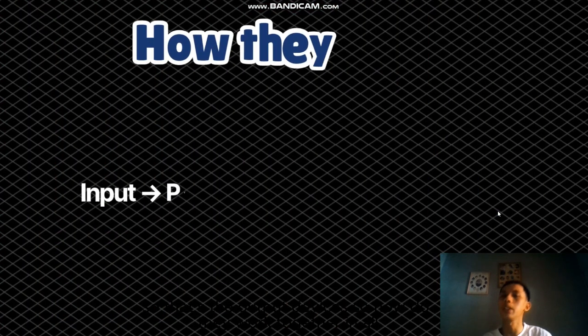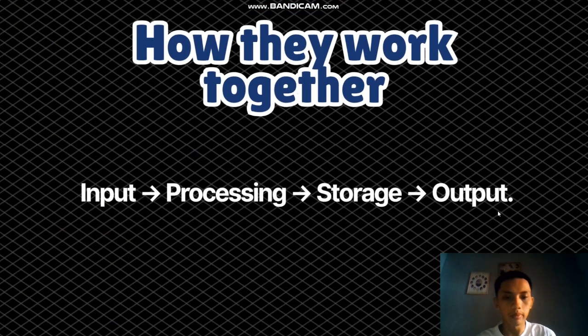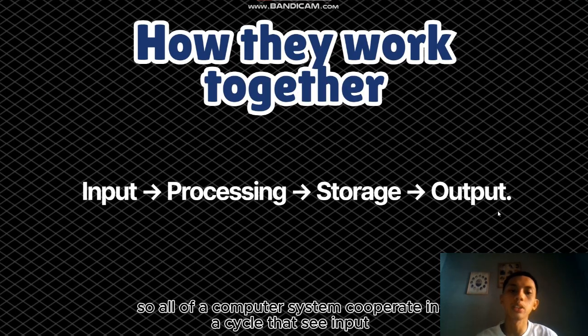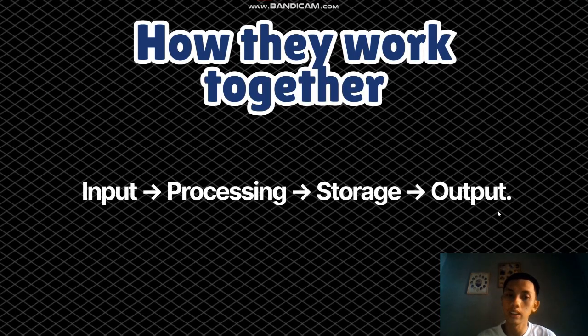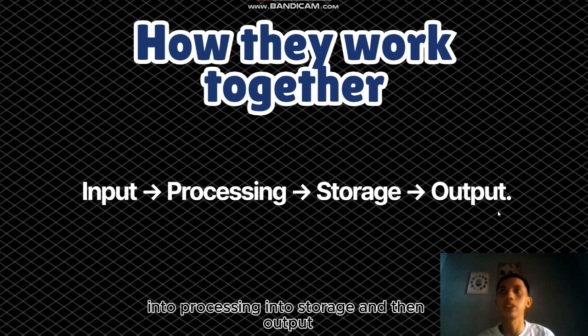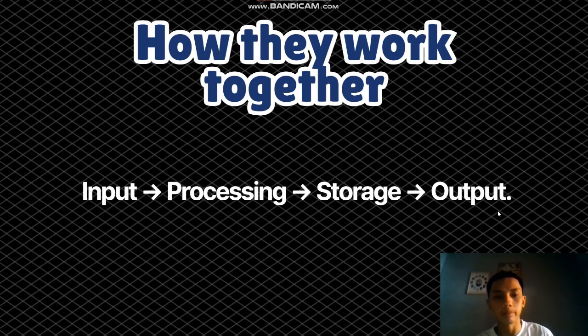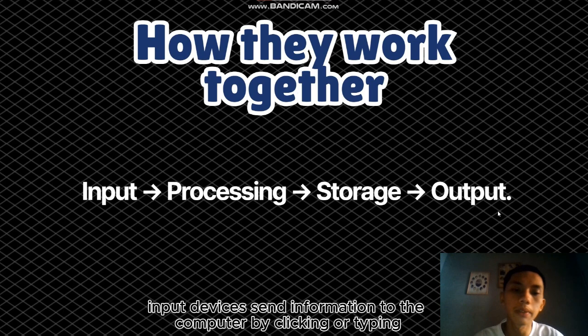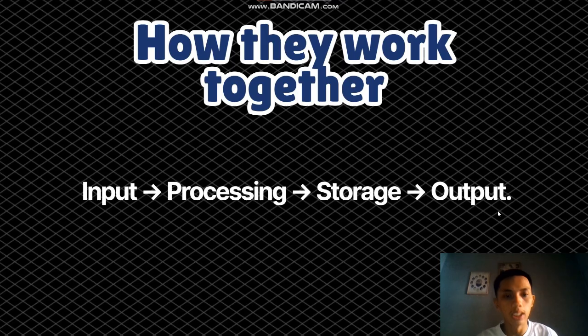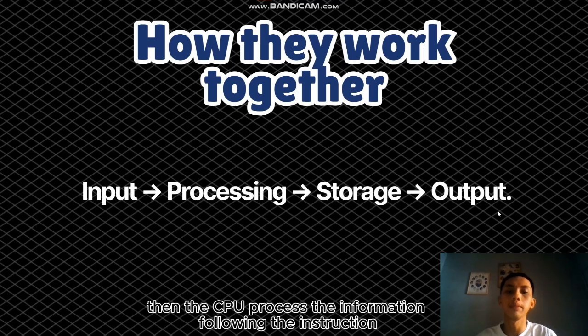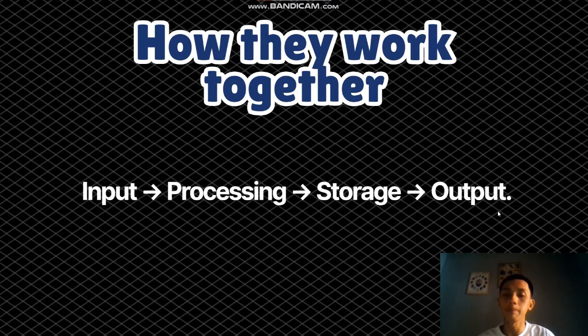So how do they all work together? All the parts of a computer system cooperate in a cycle of input, into processing, into storage, and then output. Input devices send information to the computer by clicking or typing. Then the CPU processes the information following the instructions.